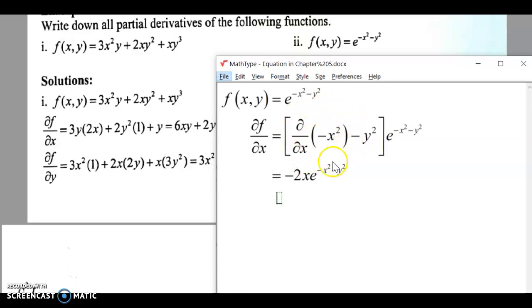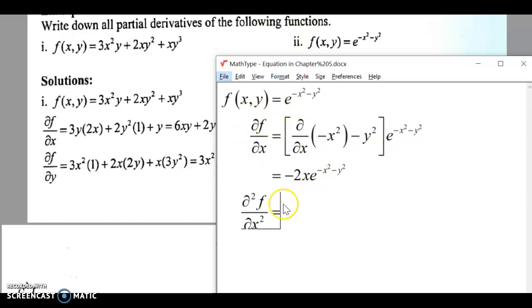So we will get negative 2x times the exponent. So we get negative 2x e to the power of this. The next component that we have in derivative is, of course, y, but let's try to go in order. We already have x here.